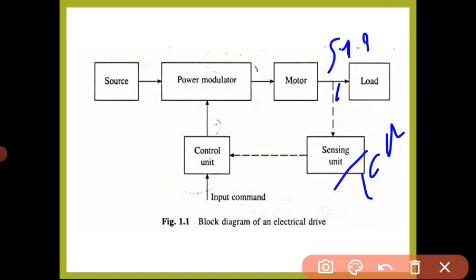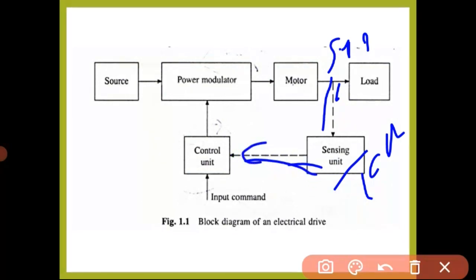I repeat: the motor is coupled to the tacho generator, and the tacho generator induces a voltage depending upon the speed, and that voltage is taken and given to the control unit.